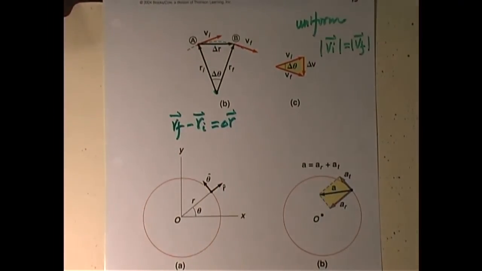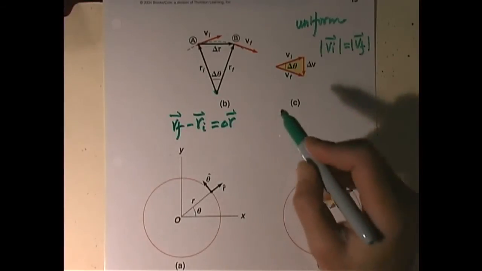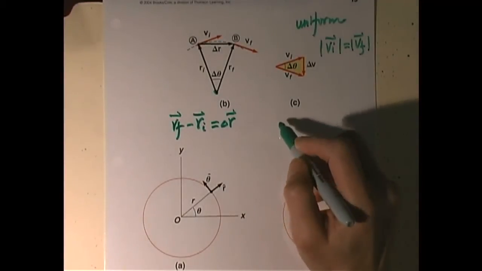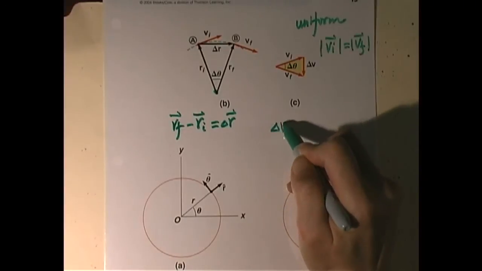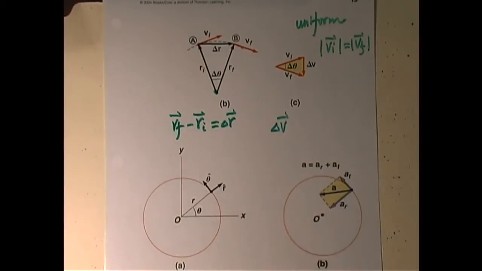Okay, so if we construct a velocity vector addition, because what happened is we have this change of velocity in this case.